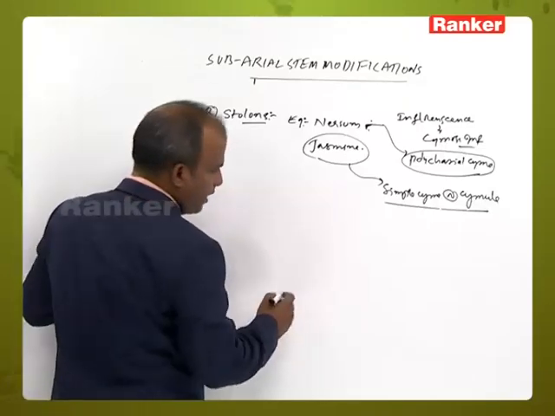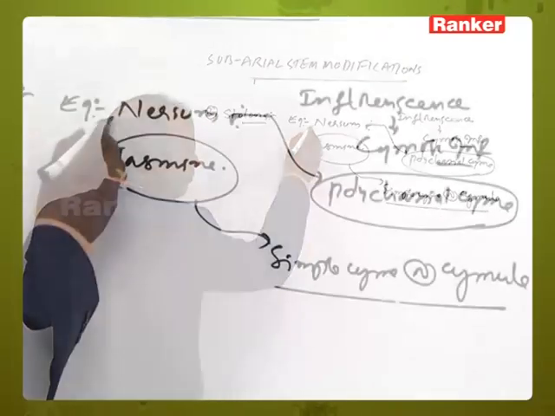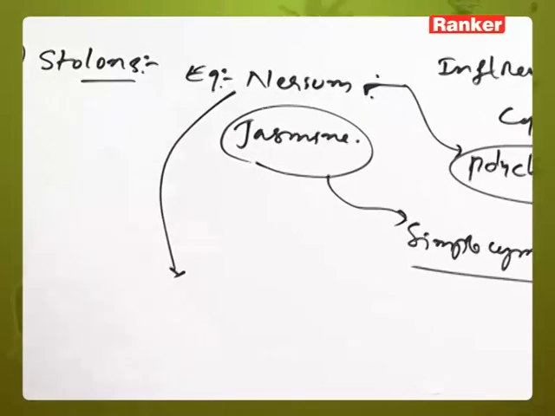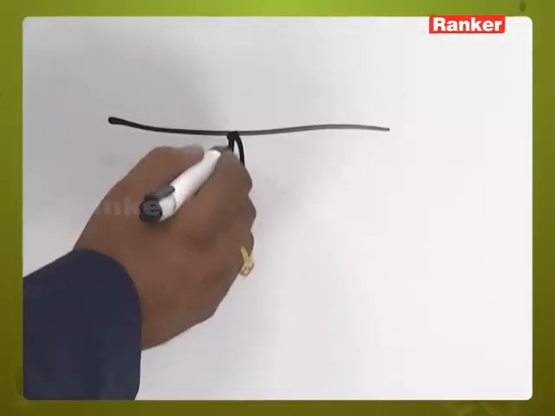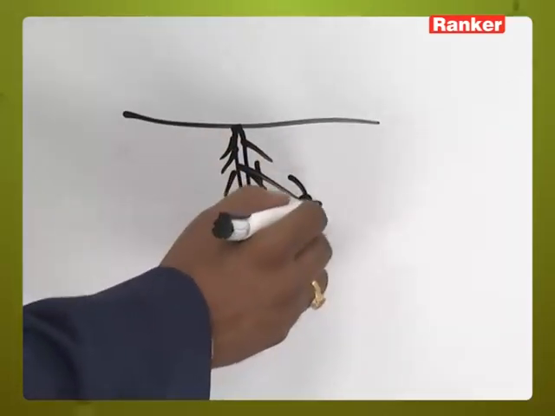In stolons, see here, we take nerium as the example. In nerium, from the basal part of the stem, it shows a root system.